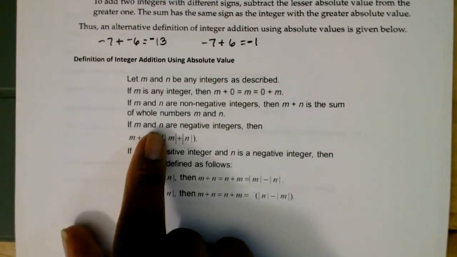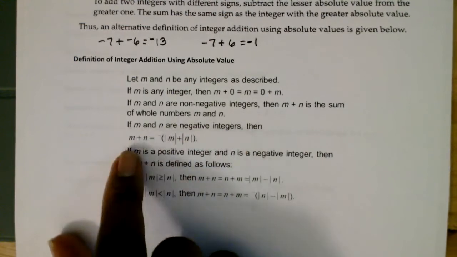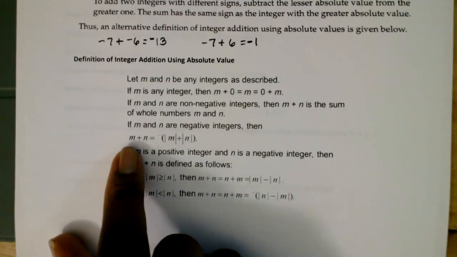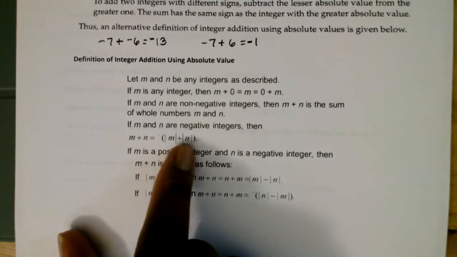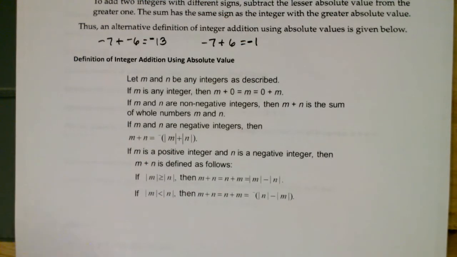Now, let's say m and n are negative integers, then m plus n would just be the opposite of the sum of the absolute values of m and n. That just follows the fact that if you're adding two integers with the same sign, you keep the same sign and add the two together.